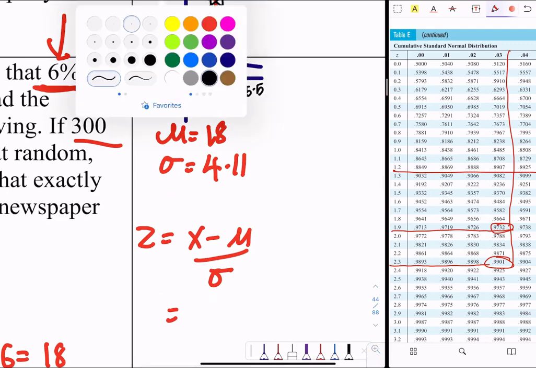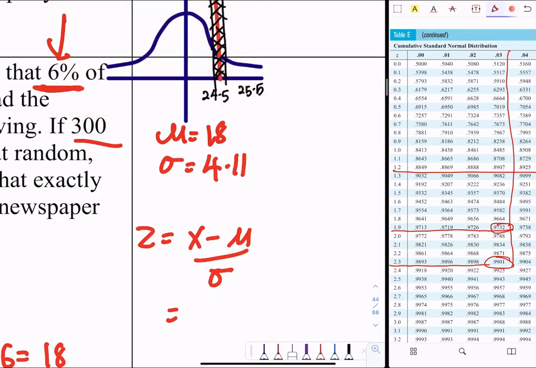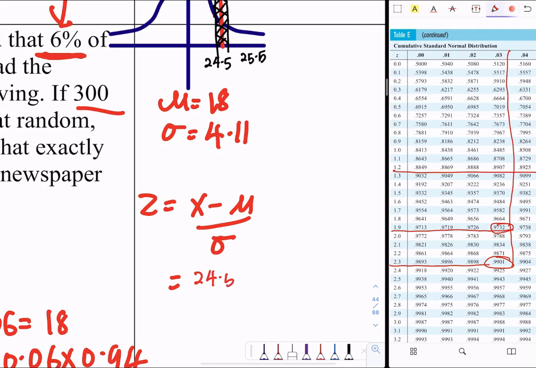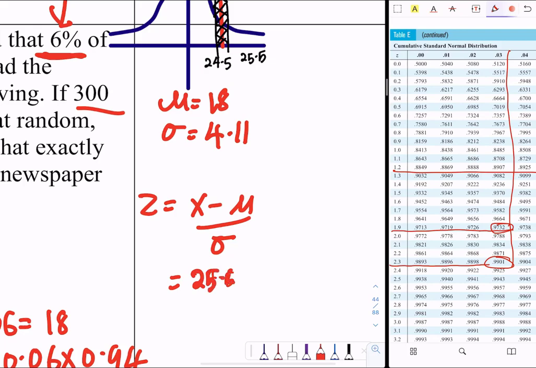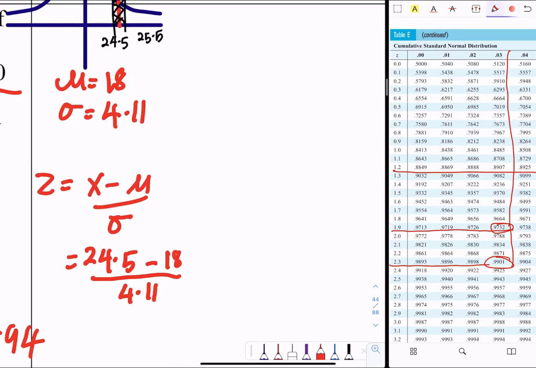So now we have 24.5. I say one thing and write another. 24.5 minus the mean 18, divided by the standard deviation, 4.11. The other one we have is 25.5 minus 18 divided by 4.11.